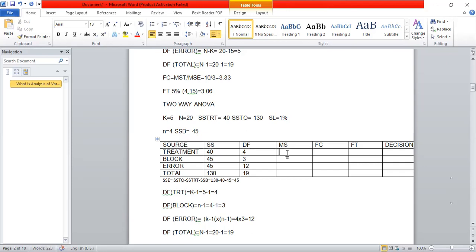Then how do we get the mean square? How do we get this column? We simply divide the sum of square by the degree of freedom. So here, what are we getting? 10.